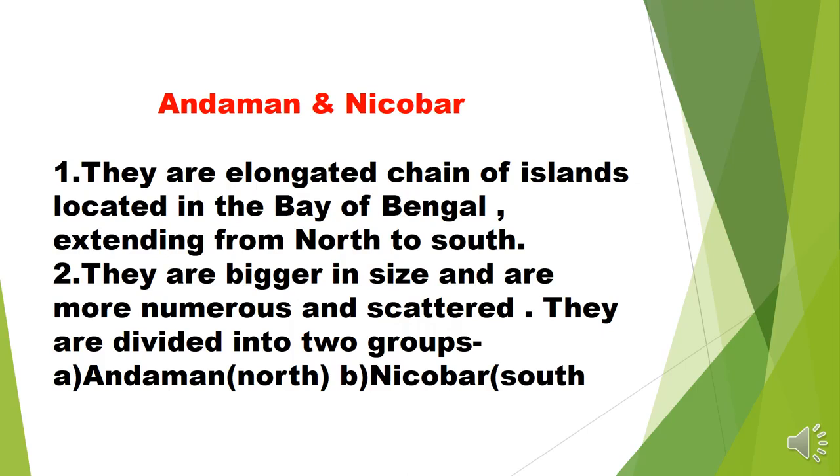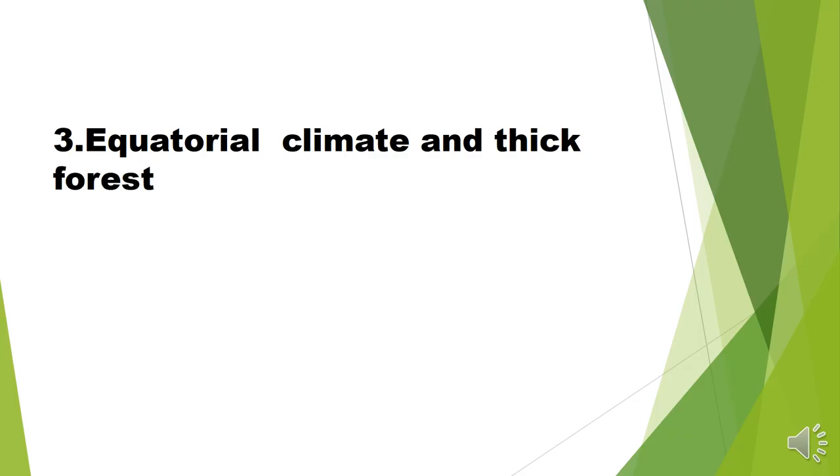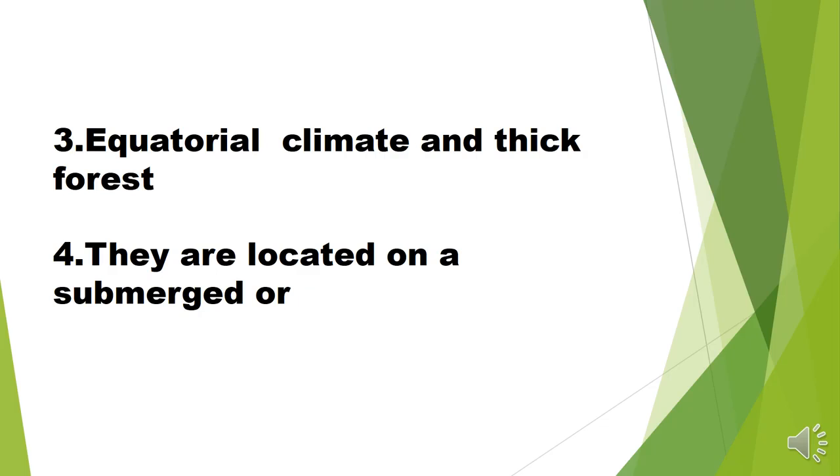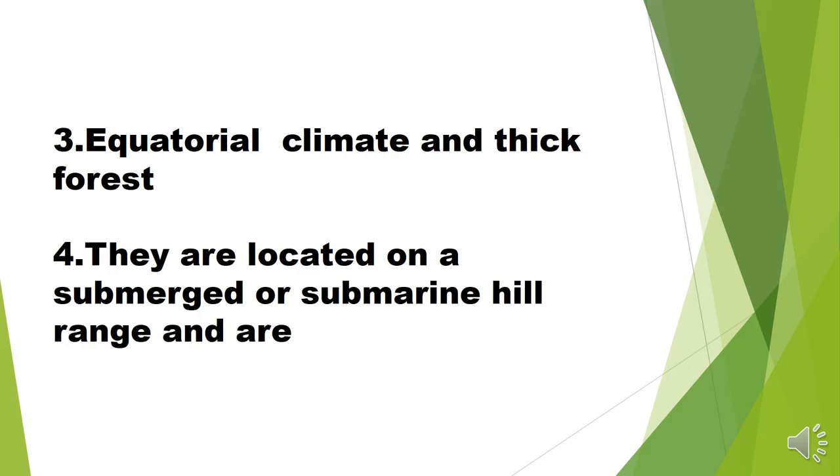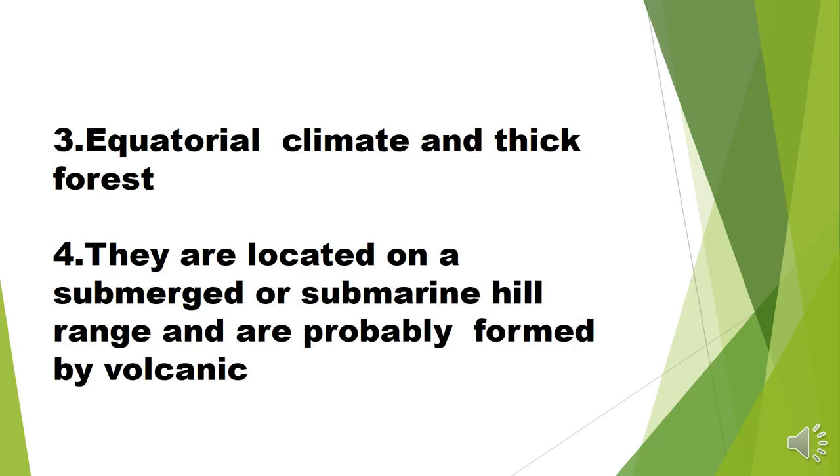They are bigger in size, more numerous and scattered, bigger than the Lakshadweep Islands. They have an equatorial climate with thick forest, and they are located on submerged or submarine hill ranges and are probably formed by volcanic eruption.